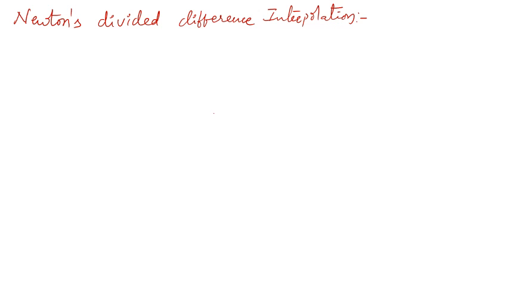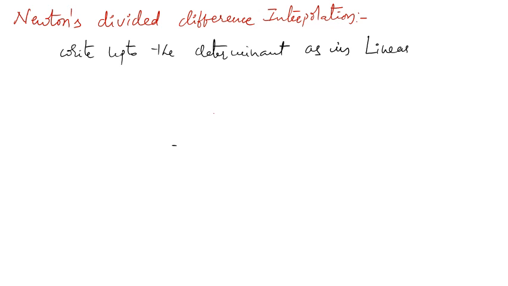You write up to the determinant as in Lagrange, as in linear interpolation. Don't write this one in the examination, you have to derive this. Write up to the determinant as in linear interpolation.